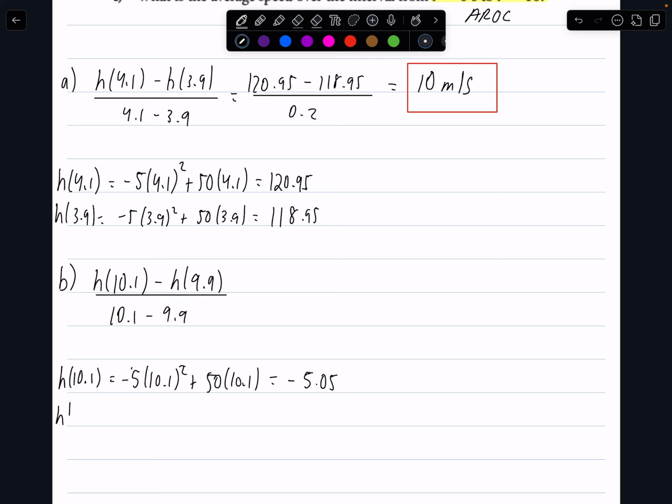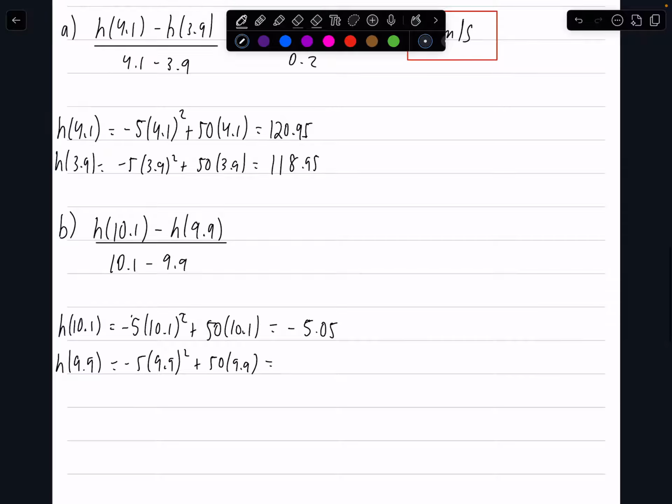And then we got to do it for 9.9 as well. So we have negative 5 times 9.9 squared plus 50 times 9.9. And you end up with 4.95.